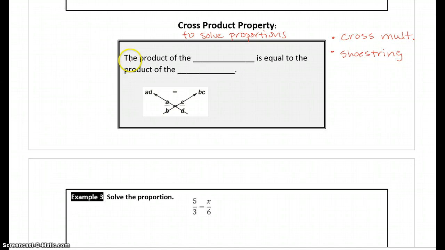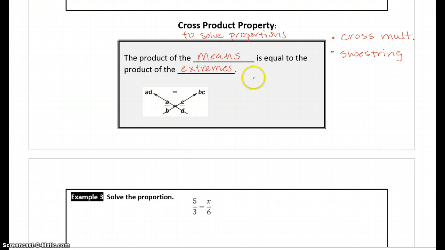The technical definition is the product of the means is equal to the product of the extremes. And you can review up in the definitions where those means and extremes are, but they're simply just the corners. So when you cross multiply, BC is going to equal AD, so the corners there.